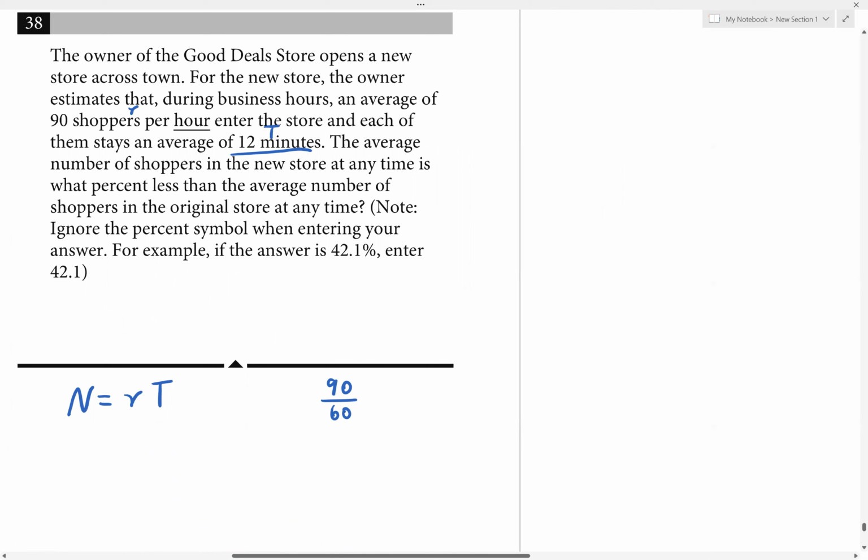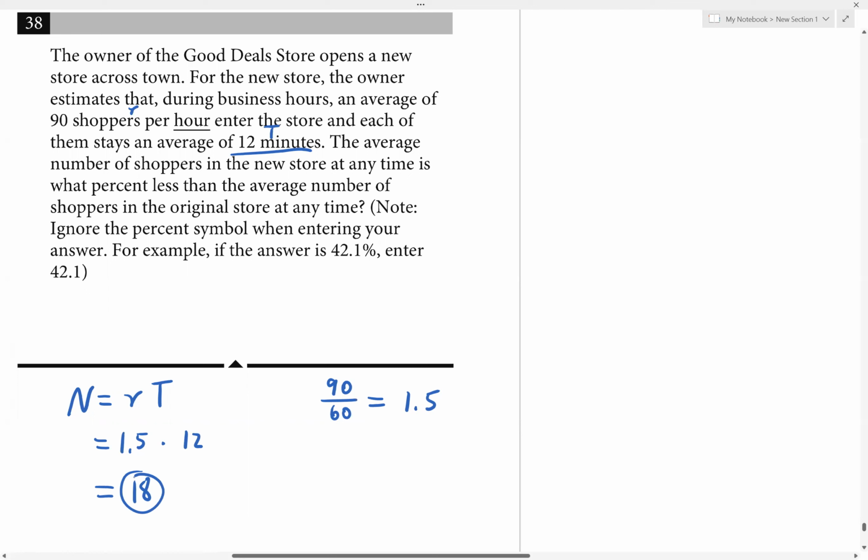So we do 90 divided by 60, which gives us the number of shoppers per minute. 90 over 60 is equal to 1.5. So that's R. Then T is 12 minutes, so we multiply 1.5 times 12, that's 18. So for the new store, at any given time, there should be 18 customers.